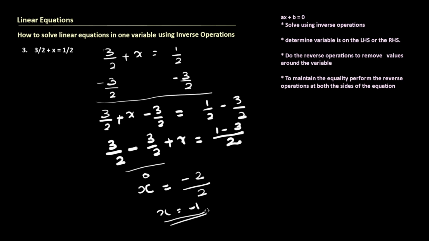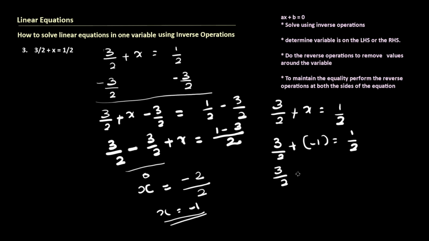Now let's plug the value of x back into our equation: 3 by 2 plus x equals 1 by 2. So 3 by 2 plus minus 1 equals 1 by 2. 3 by 2 plus minus 1, and the least common denominator is 2.